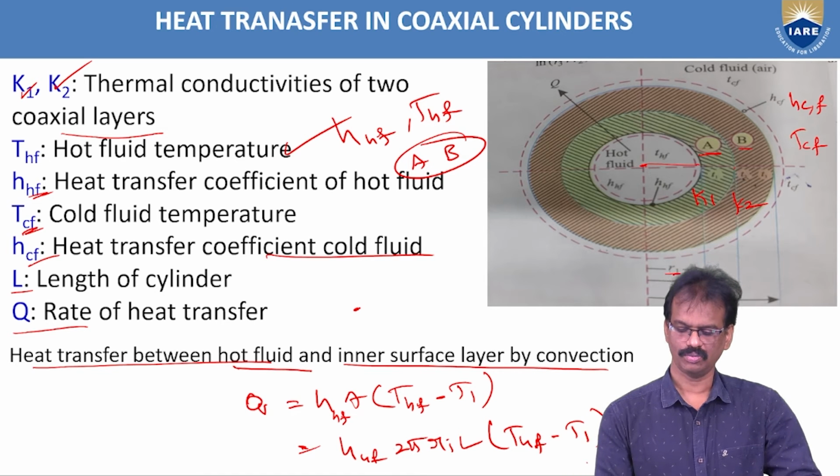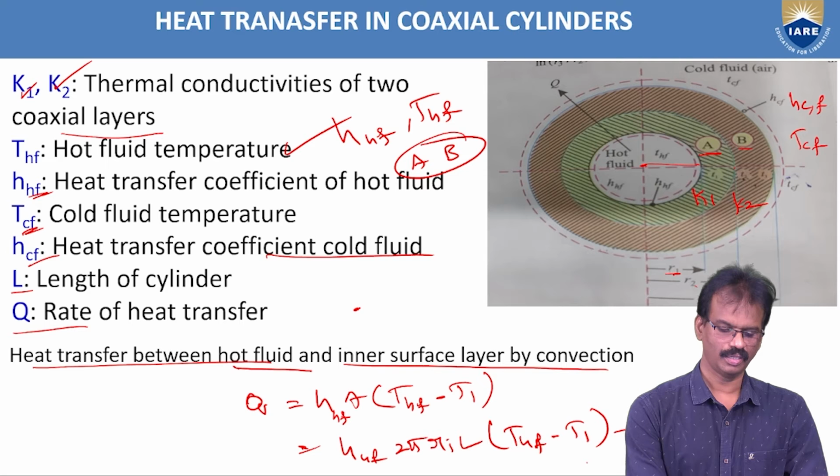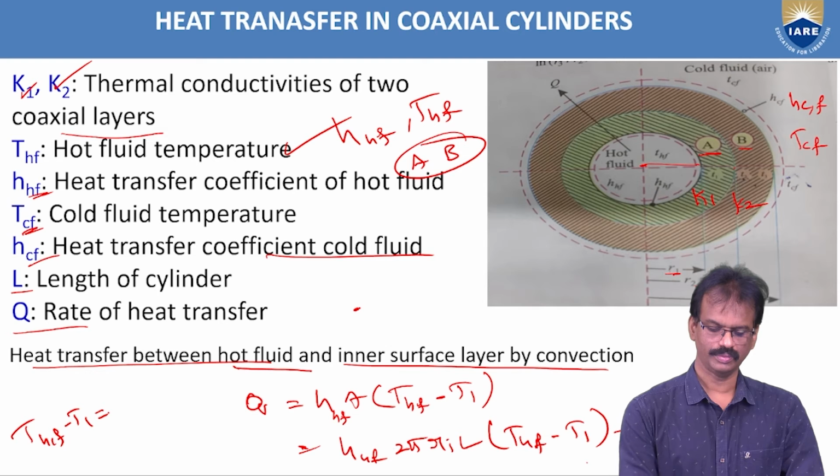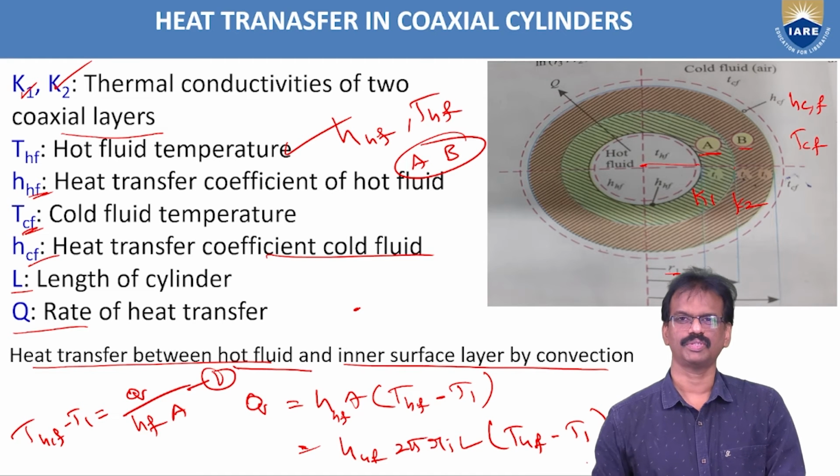This is equation 1. From this you can rewrite THF minus T1 is equal to Q divided by HF into the area. Take this as equation 1.